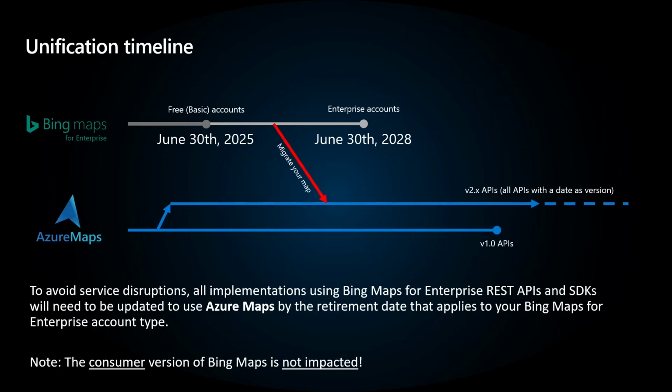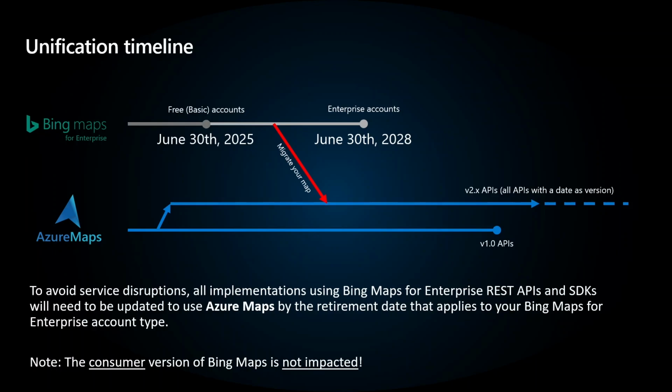But if that is too short, then you can also buy an enterprise license from Bing Maps, and then you have time until 2028. But then the service will actually end. So you need to do a migration to Azure Maps before one of those dates.